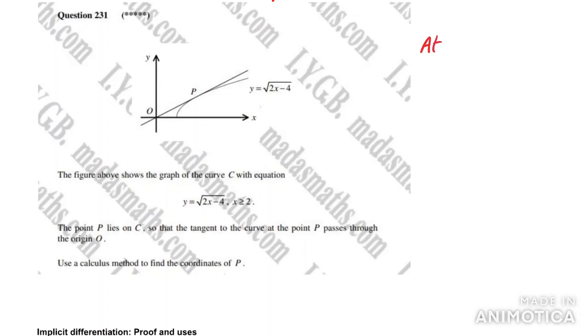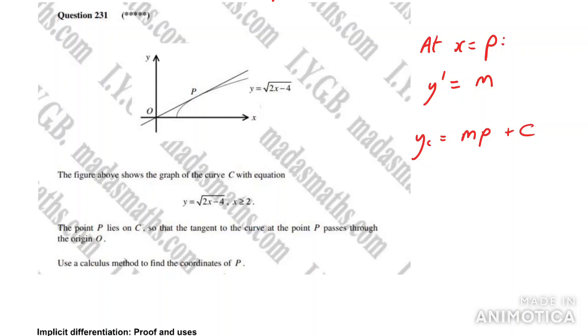at x equals, we don't know the point P, so at x equals P, y dash equals m, and y curve equals mx plus c. Right, so the gradients are equal and the y values are equal. So let's just work out what y dash is.